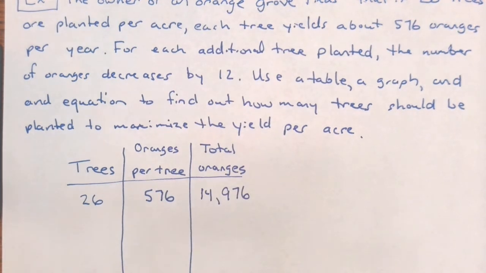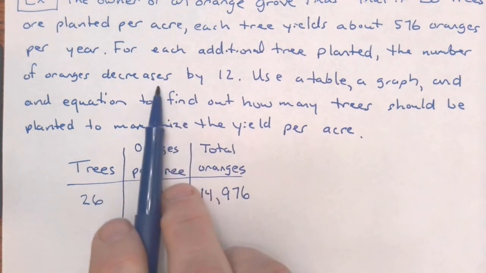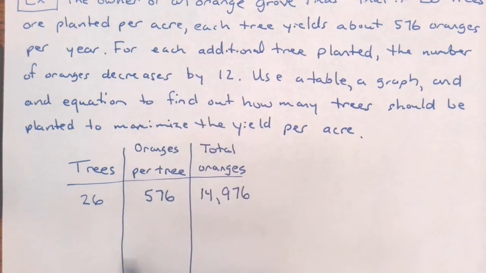And then it says, if we add an additional tree per acre, then the oranges will decrease by 12. So if we add another tree, we have 27 trees. That means the number of oranges per tree is going to decrease by 12, so that would be 564 oranges. And if we multiply those together, we get 15,228.